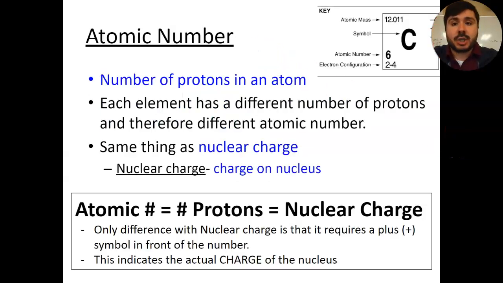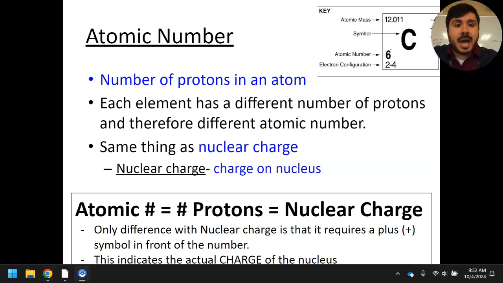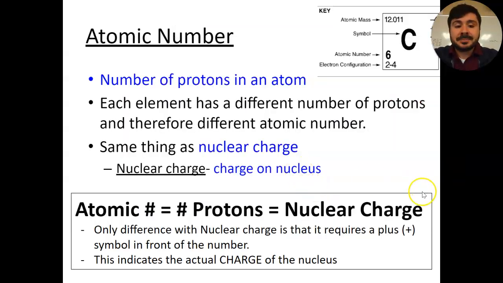Looking at that in terms of our carbon atom, for example, carbon has an atomic number of 6, which means it has 6 protons, but it also has a nuclear charge of +6. Now, one important distinction here, guys, is that nuclear charge requires a plus sign in front of the number, because that's going to indicate the actual charge of the nucleus.